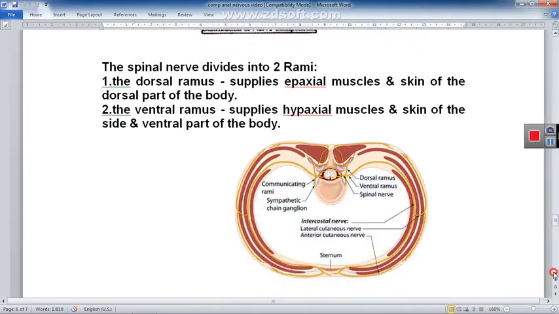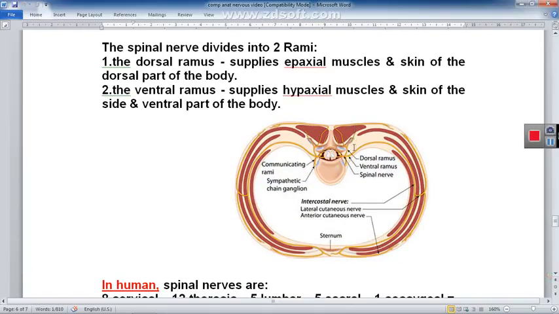This figure demonstrates that the dorsal ramus supplies the skin and muscle on the sides of the back only, which are called axial muscle and skin, while the ventral ramus is distributed over a long distance to skin and muscles of the lateral and ventral parts of the body, including the limbs, that are called hypaxial skin and muscle.